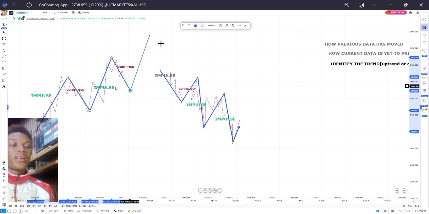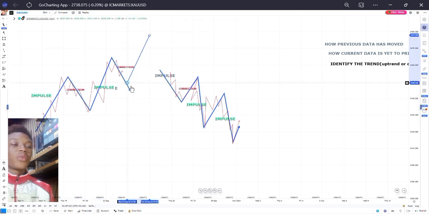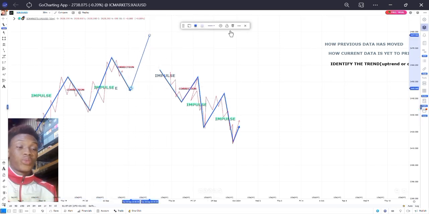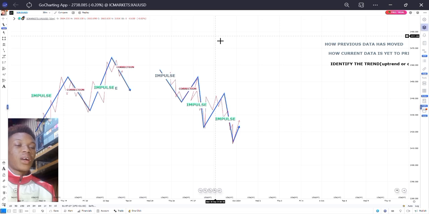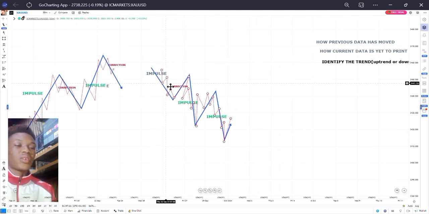So currently at this point, this is also a downtrend, guys, and all these dotted lines inside of this are the interior liquidities, interior structures, guys. These are the interior structures inside of this trend.